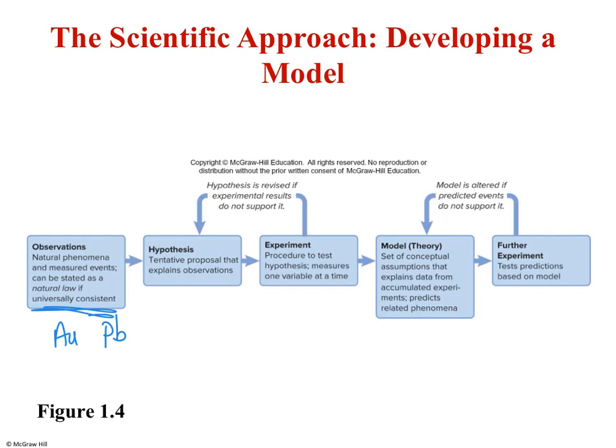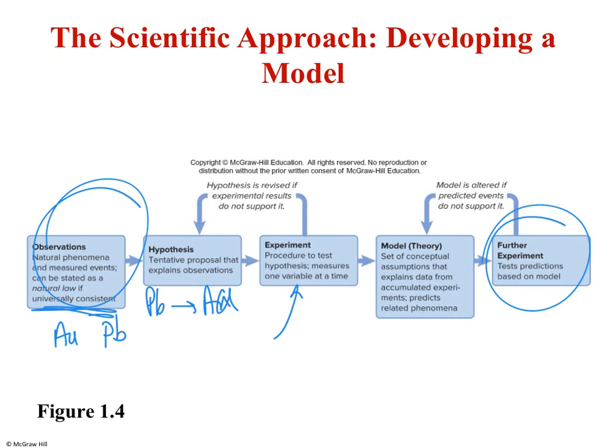And then we asked the question, can we convert lead to gold? And then you'd have to do a nuclear experiment and see if you can do that. And then you would observe and do another. So you just make more observations and then you recorrect, do another experiment. And this is the scientific approach.